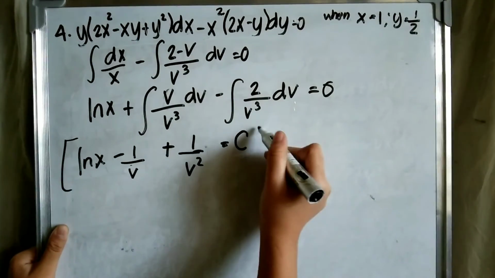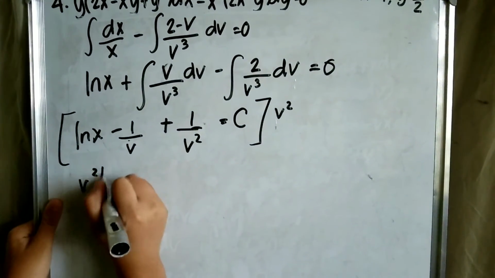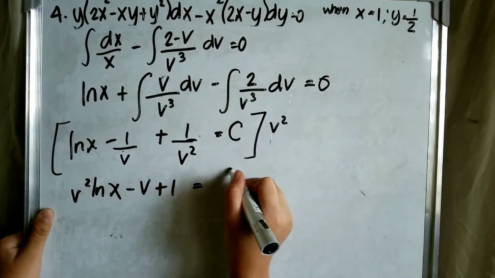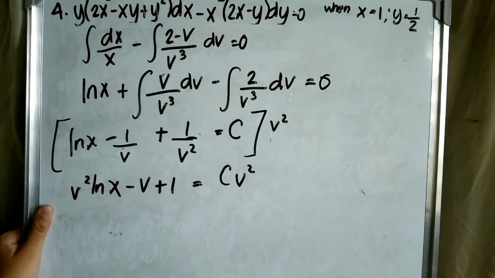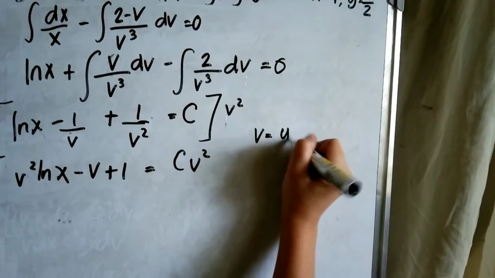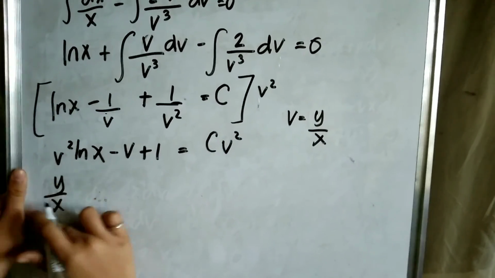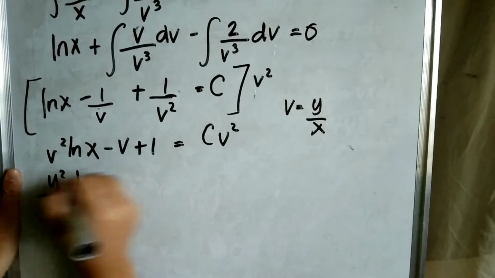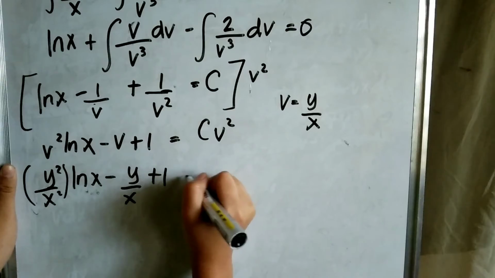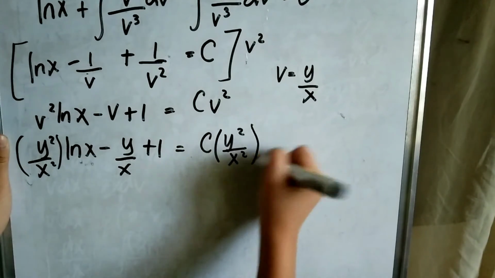We will multiply both sides by v squared. So this will become v squared ln x minus v plus 1 is equal to c v squared. And then we will substitute the value of v, which is y over x. (y over x) squared times ln x minus y over x plus 1 is equal to c times y squared over x squared.